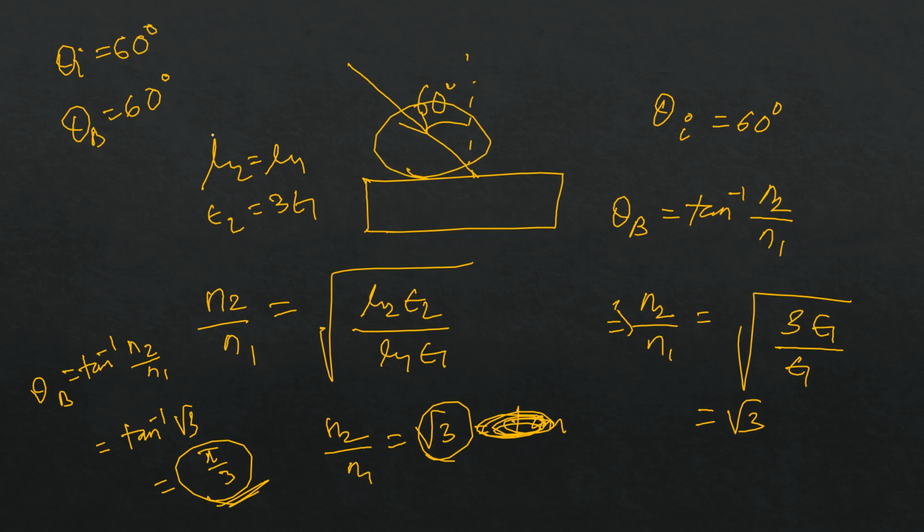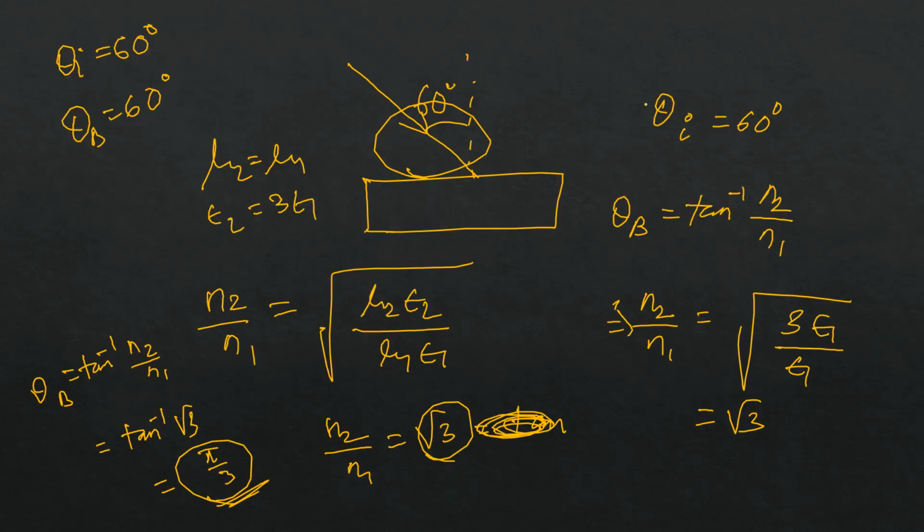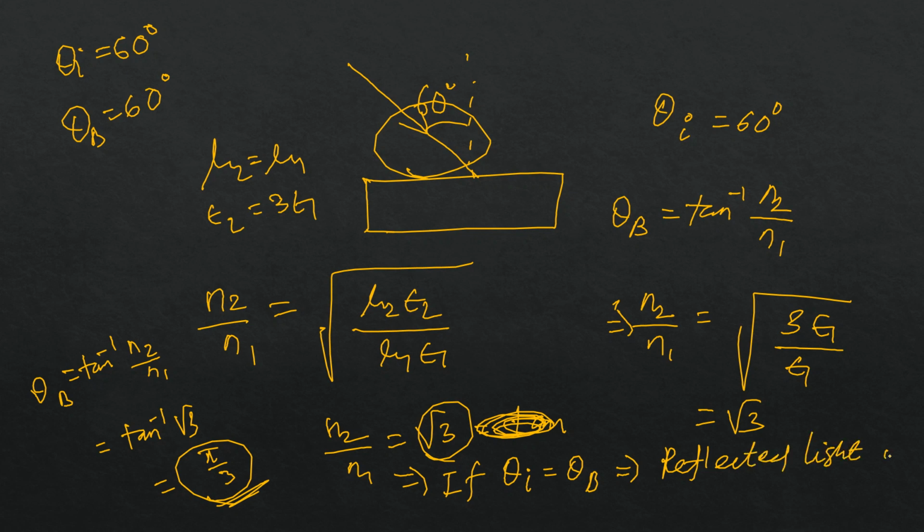Okay, so if theta I and theta b are the same, you can write down: if theta I is equal to theta b, then reflected light is plane polarized, and that is perpendicular to the plane of incidence.